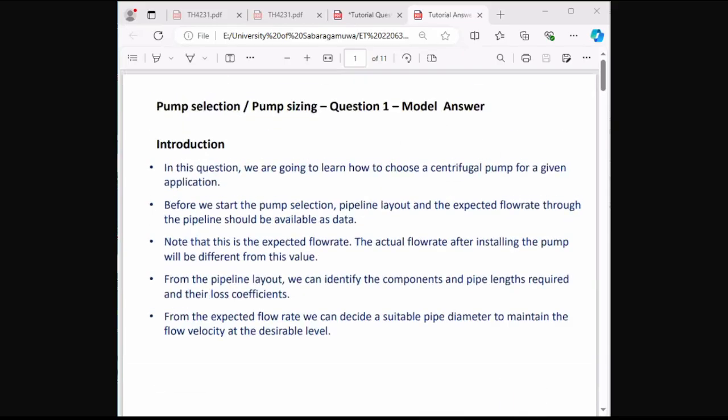Then here you can identify a small interaction part regarding the questions. In this question, we are going to learn how to choose a centrifugal pump for a given application.